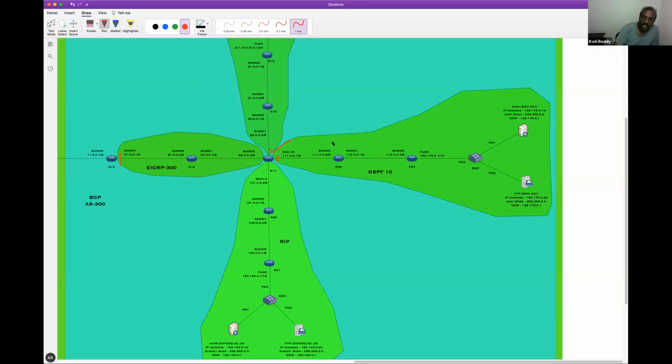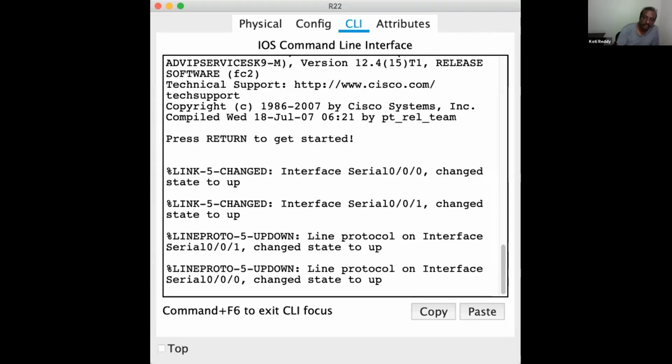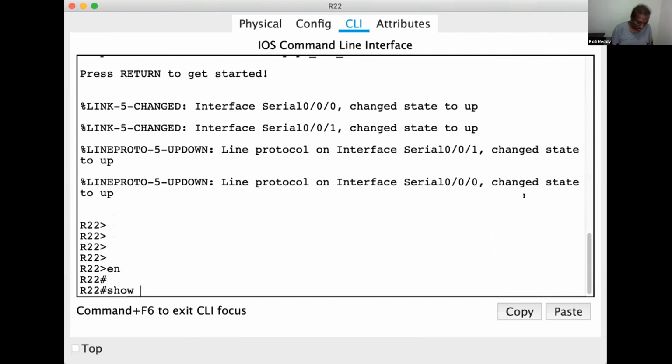I also go to R22, enable it on serial 0/0/0 and 0/0/1, both these interfaces. I go to R22. I say enable, I say show IP route.